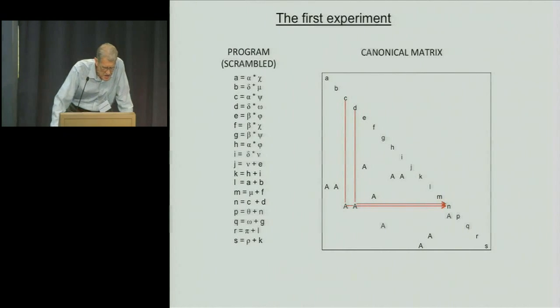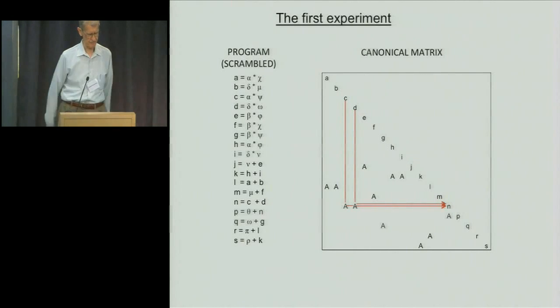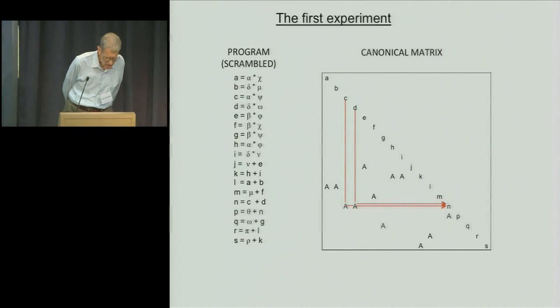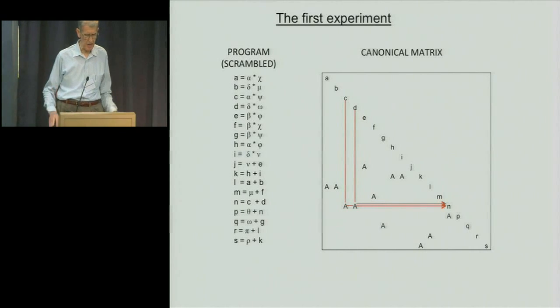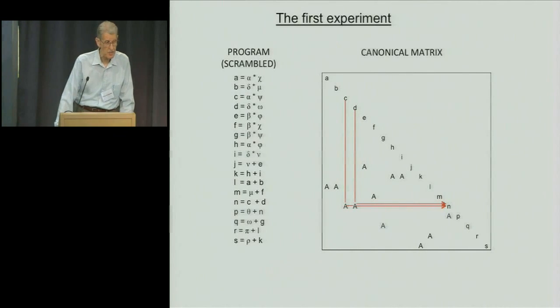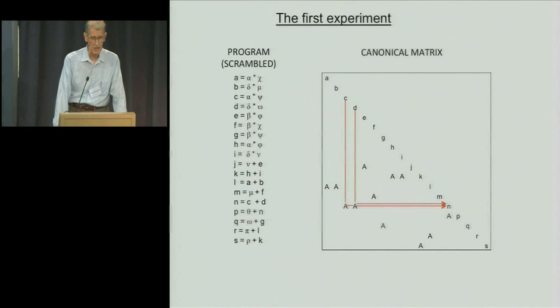For example, in the statement N equals C plus D, there is a flow from variable C and from variable D to variable N. Information flows there. And that flow is indicated by the two red lines. Please keep them in mind for a second. They will correspond to connections in the brain, neural connections between neurons.